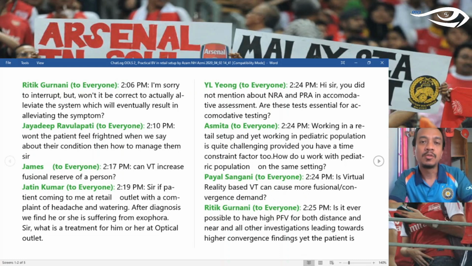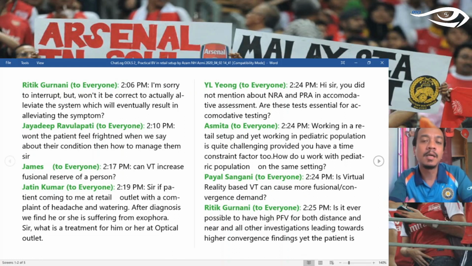So to talk about reality, it is more difficult to do that, because you don't want to reject somebody who is walking into your practice, because all those are sources of income and money for you. So what I will usually do practically is to segregate the test into several sections.